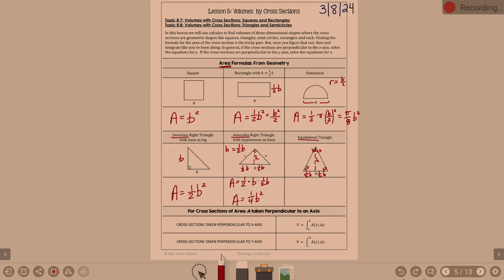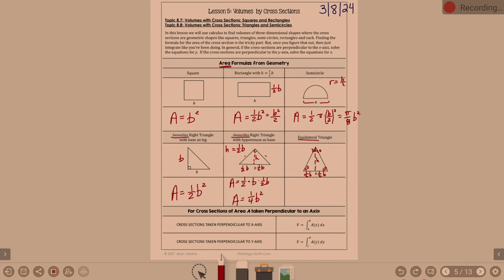Last year in pre-calc, you had the 45, 45, 90, where the legs are each the same, and the hypotenuse is square root of 2 times a leg. Then we had the 30, 60, 90, where the short leg is your base 1, the hypotenuse is twice the short leg, and the long leg is square root of 3 times the short leg.